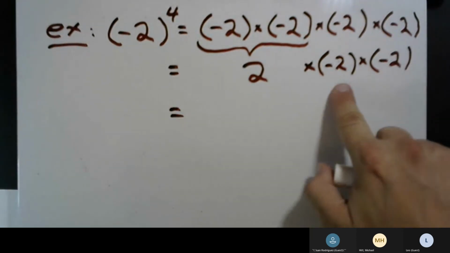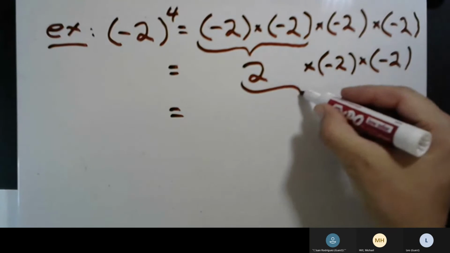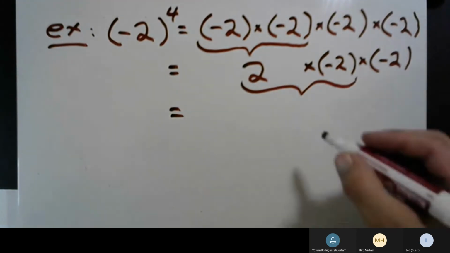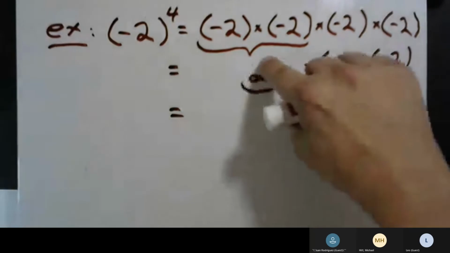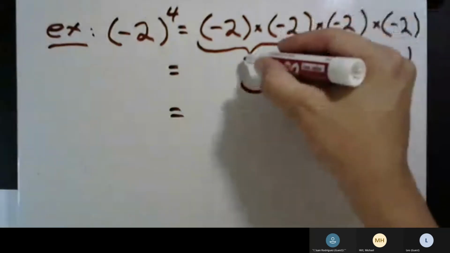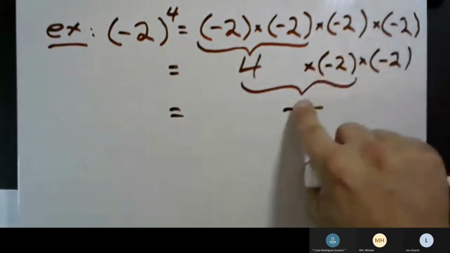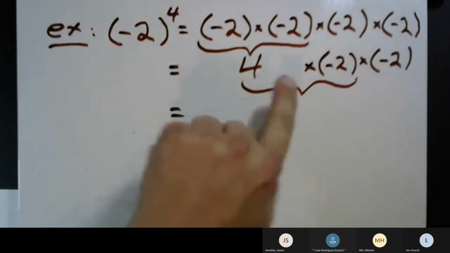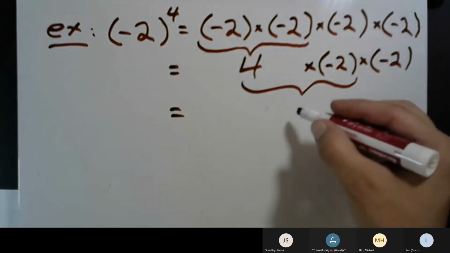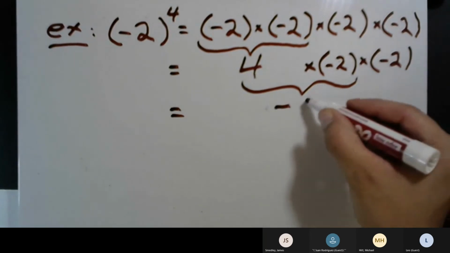Oh, I'm sorry, that's +4. Then positive number, negative number, the signs are different, so you're going to get -8.